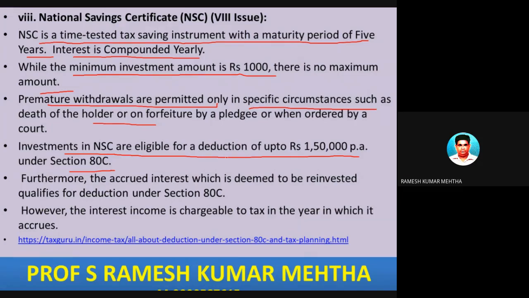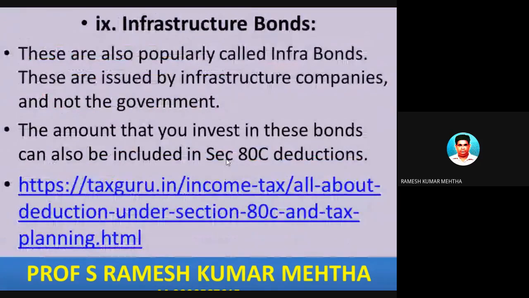Next one is infrastructure bonds. So the meaning of the bond is long-term investments. Infrastructure may be telecommunication, investments in ports, national highways, and so on and so forth. There are companies which are operating in infrastructure like electricity, power manufacturing.